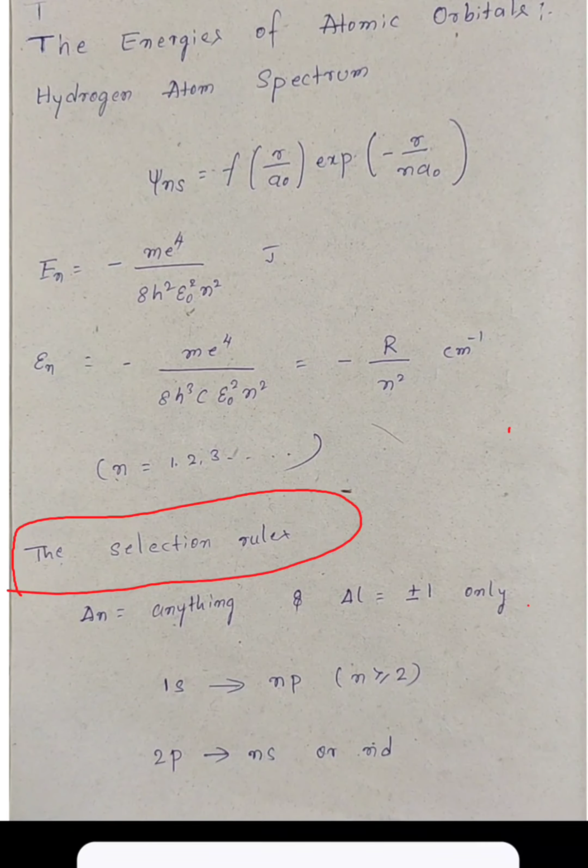So the first selection rule is for delta n, which is equal to anything. There is no restriction in the principal quantum number. So we take any number for the transition.